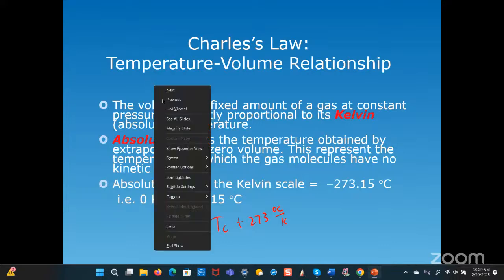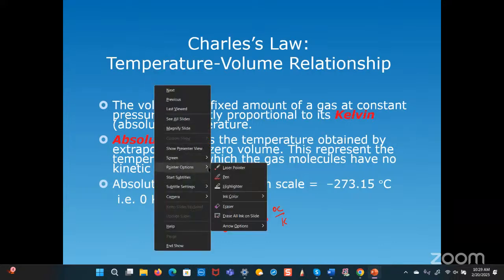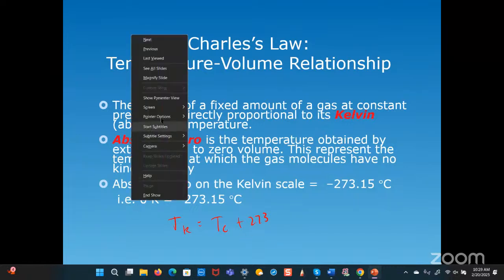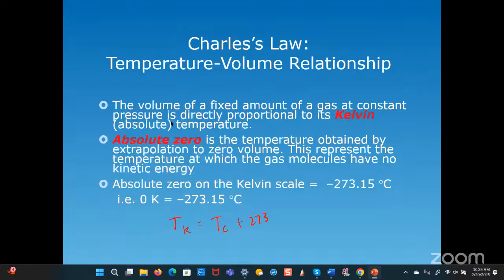Let me correct that. I'll look it up and get back to you on this one. So this is the relationship between the temperature in Celsius and Kelvin.